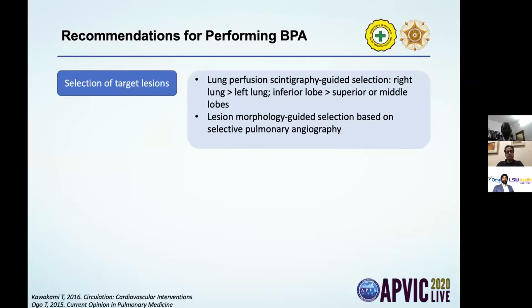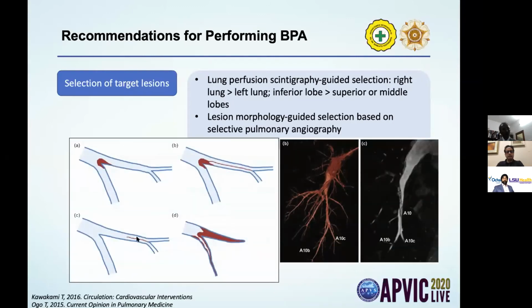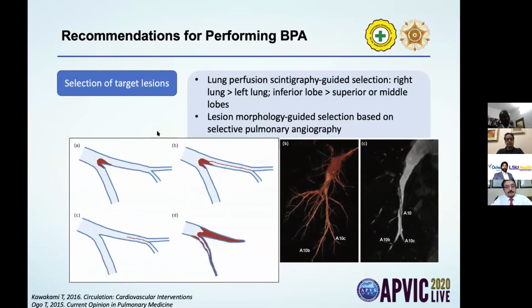So this is the schematic of the types of lesion from the CT. It is a bit difficult if it's not an abrupt narrowing of the segment of the pulmonary artery, but CTEPH itself has quite a wide variety of lesions.